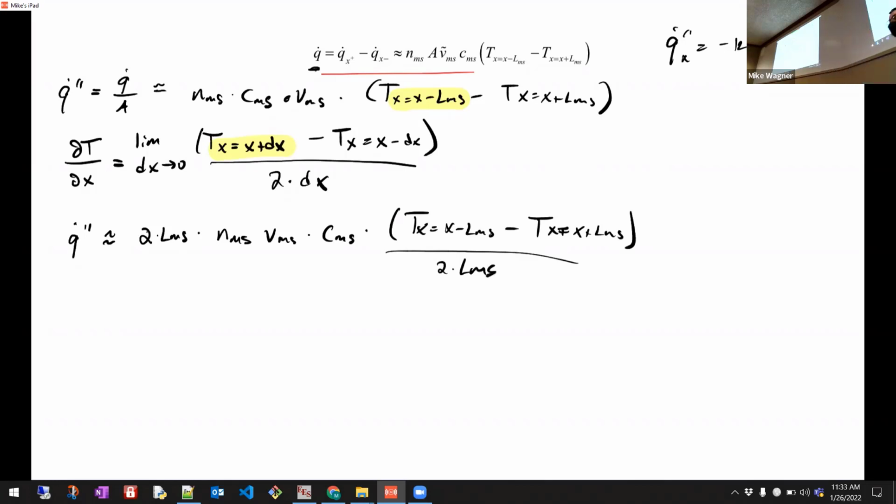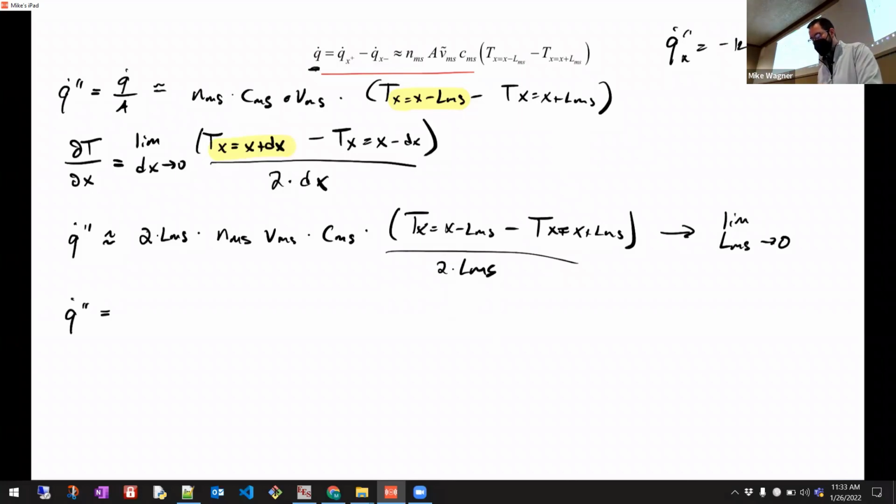Okay, but now this is starting to look a little bit more like Fourier's law. And you can probably see where this is all going to end up. So if we take this equation and we take the limit as l goes to 0, right? When our Knudsen number is small enough, l basically goes to 0. Then we end up with q double dot prime is equal to, so remember the sign has to flip because our definition of the derivative was inverse.